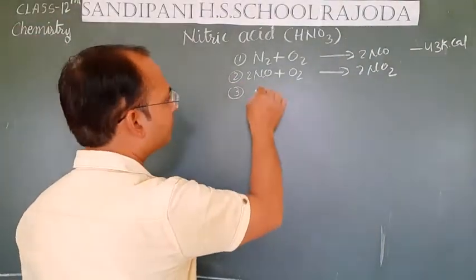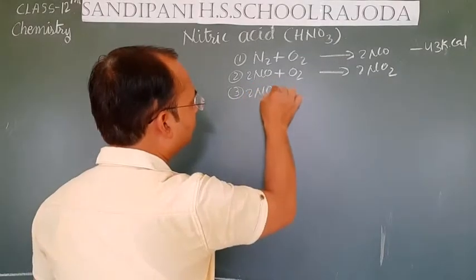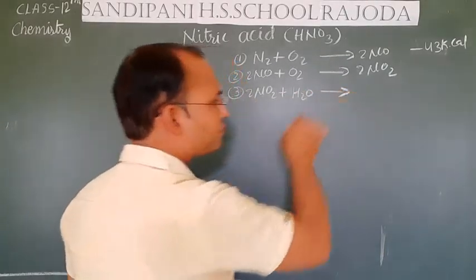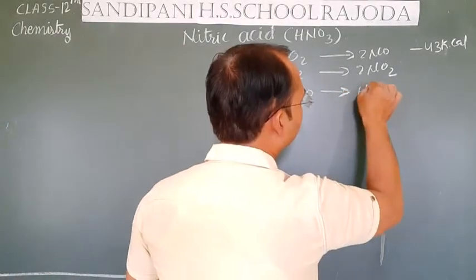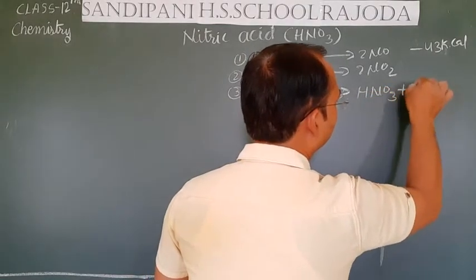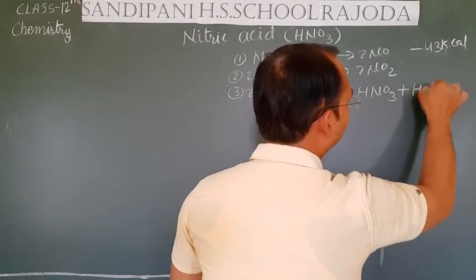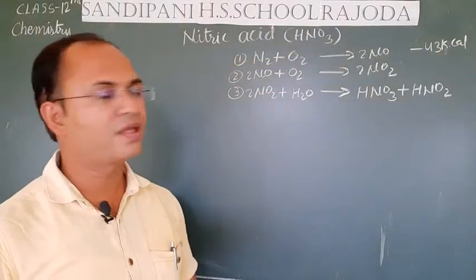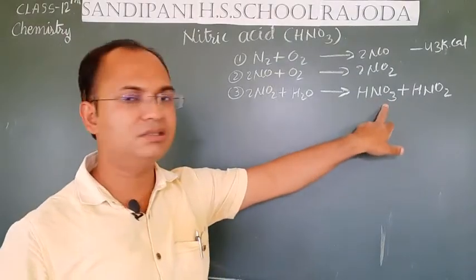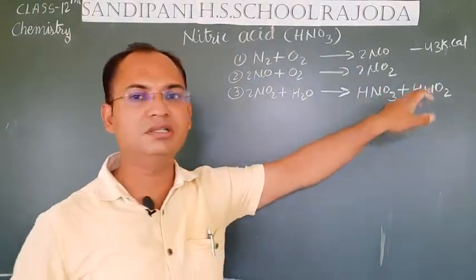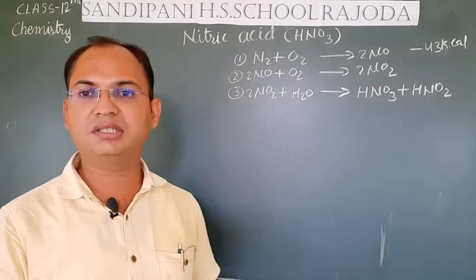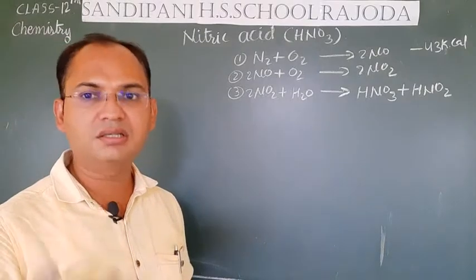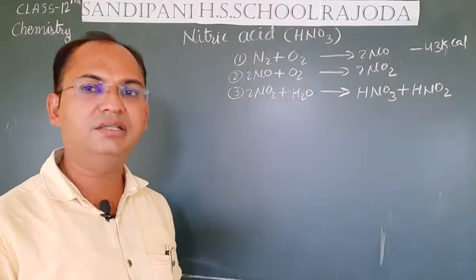Third reaction, this 2NO2 reacts with water, that is H2O, to produce HNO3, nitric acid, plus HNO2, that is nitrous acid. Now this is the nitric acid that we require, and for this nitrous acid a recombination reaction takes place, in which water, nitrogen oxide and nitric acid are produced.